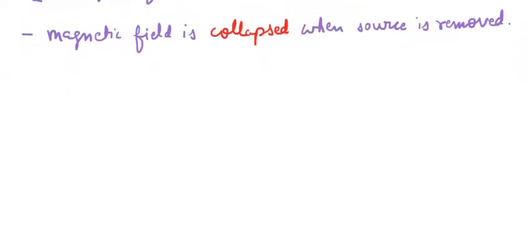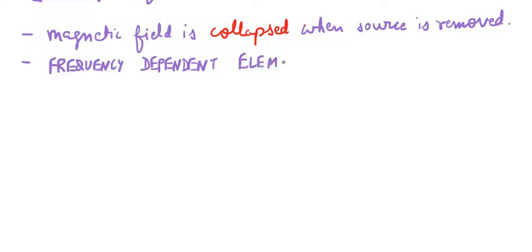Therefore, we can say that inductor is a frequency dependent element. It is frequency dependent because only when current is time varying, magnetic field is produced in a coil or inductor.